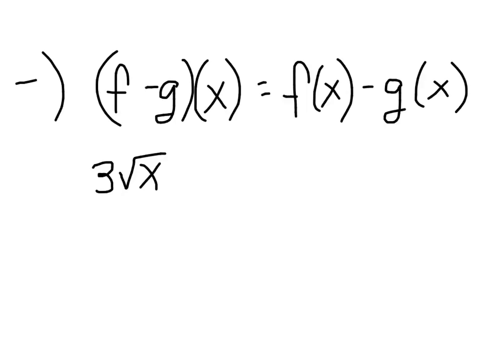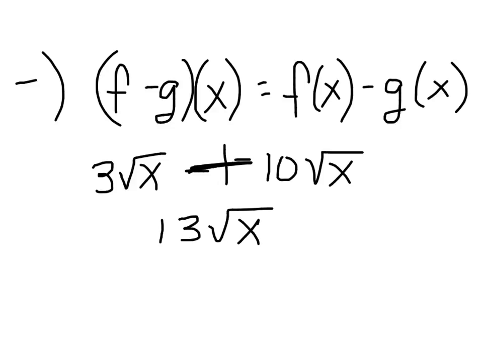So f of x was 3 root x minus negative 10 root x. What do two negatives do? They make a positive. And it ends up being 3 plus 10 is 13 root x.